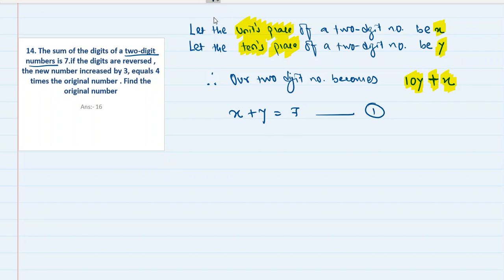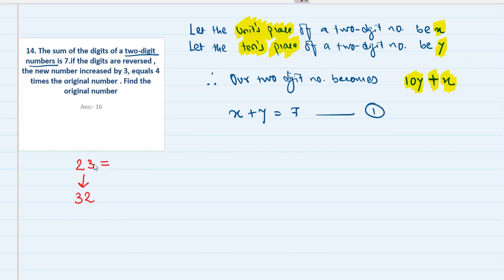If the digits of a two-digit number are reversed. Now, what do you mean if the digits are reversed? See, initially I gave you an example, 23, a two-digit number. If you reverse its digits, what does it become? It becomes 32.